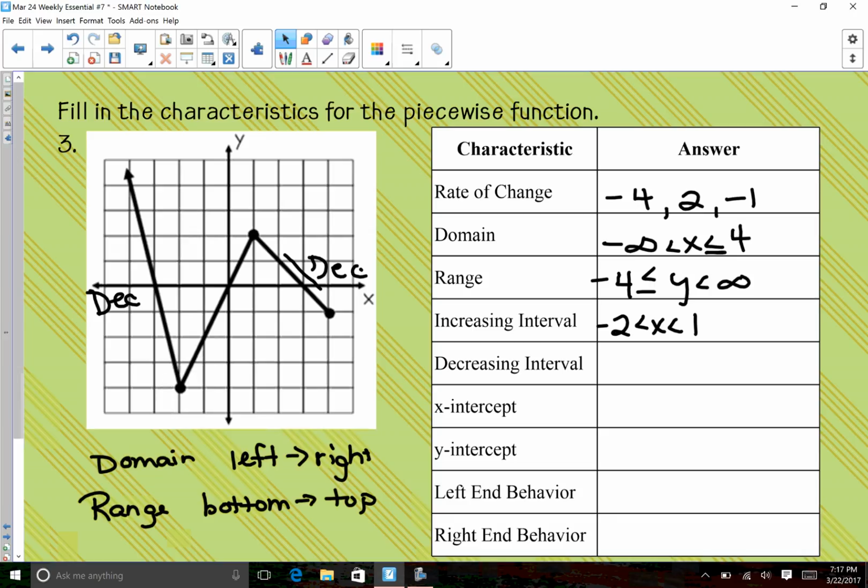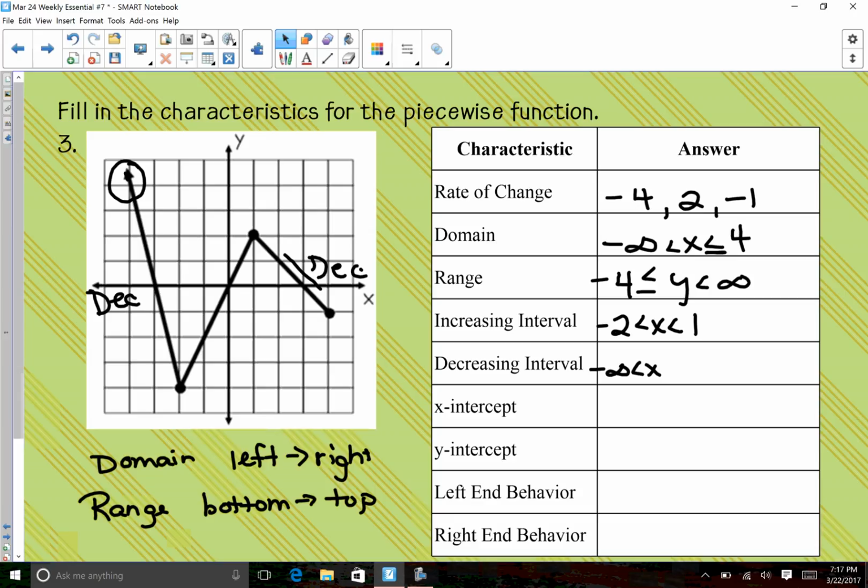Now, what about the decreasing intervals? Let's start on the left of our graph. I'm going to have 2 answers because I have 2 decreasing intervals. If we start on the left, if I start tracing here, notice it's an arrow. And remember, when there's an arrow, there's an infinity. And since we're looking at x's, this is -infinity less than x.